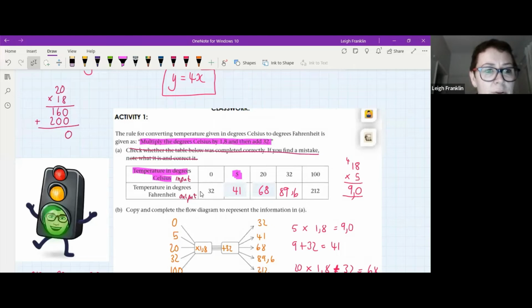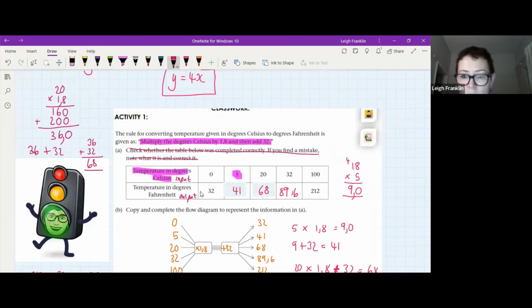That gives us 360. Now that's got to have a decimal comma in it, so it is 36. Then we have to take the number 36 and add 32. If we've got 36 and we add 32 onto that, that's going to give us 8 and that's going to give us 6. Okay, so that's where the 68 came from.